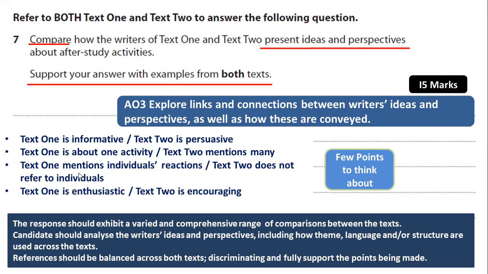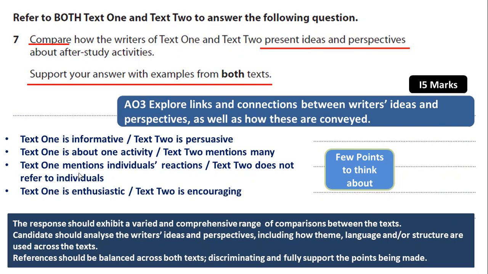So basically, you need to respond in a way that you show your understanding of both the texts, and also you need to exhibit a varied and comprehensive range of comparisons between the texts. So as a candidate, you should be able to analyze the writer's ideas, perspectives, including how theme, language, structure, and other language elements are really making certain, similar ideas and reflections between the texts.